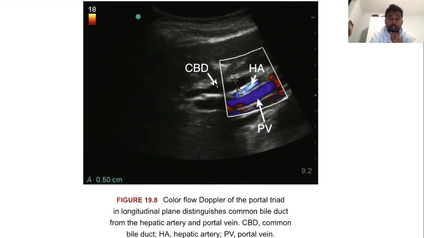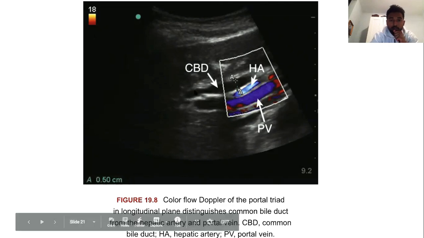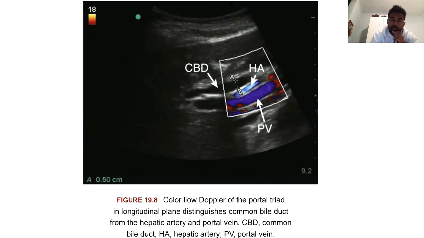The only way I would get a true, dramatic difference in color is if blood flowed upwards and another blood flow flowed downwards. But in here, you're just gonna get mixed colors because the transducer is basically parallel to the blood flow. Does that make sense?